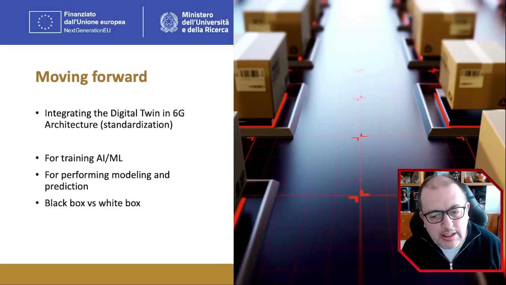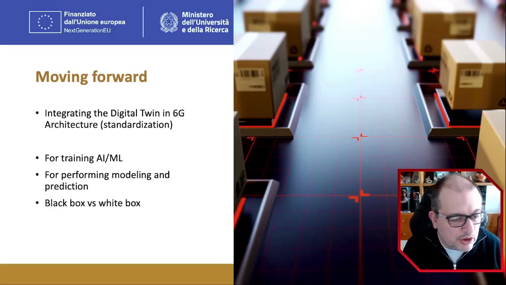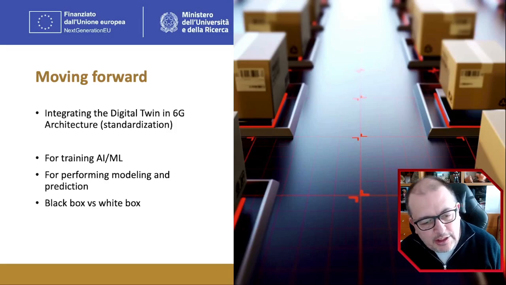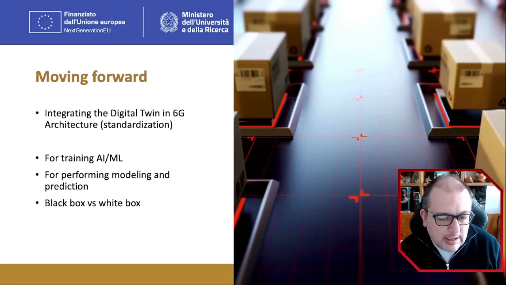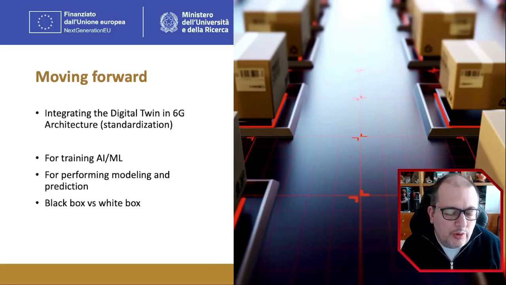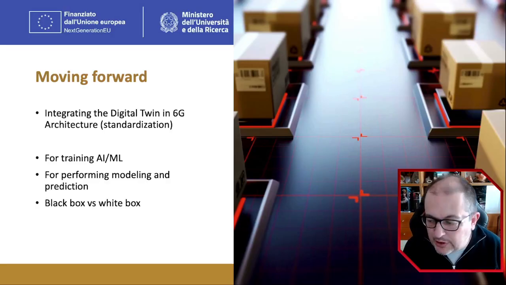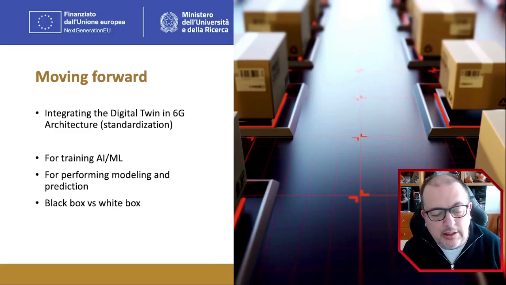Since today we are missing good data sets, the network digital twin is a potential source of data sets that can be used for training. Another thing is to perform proper prediction and modeling of systems, as well as to understand who will be the owner, so whether we will have a black box, a white box, or a combination of those in terms of the actual digital twin property somehow.